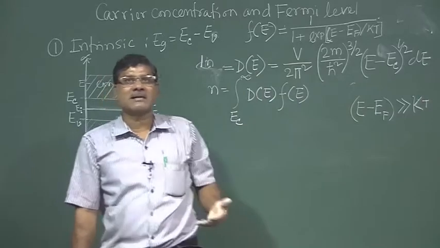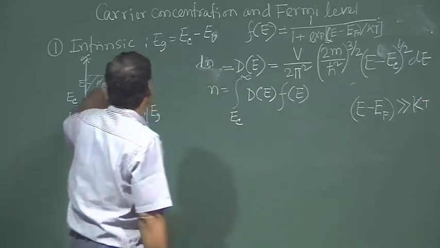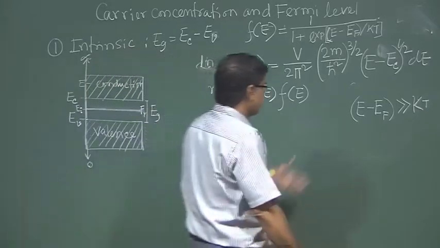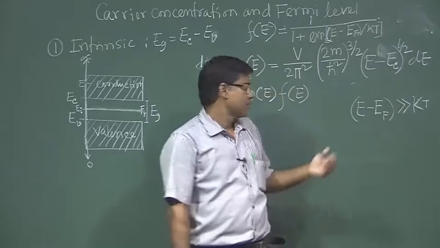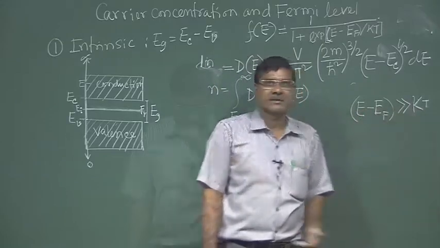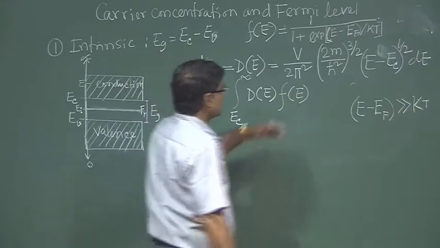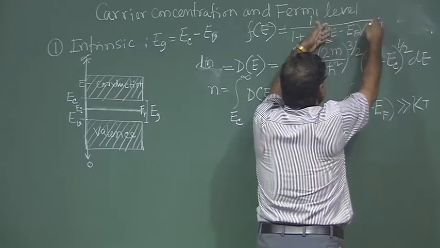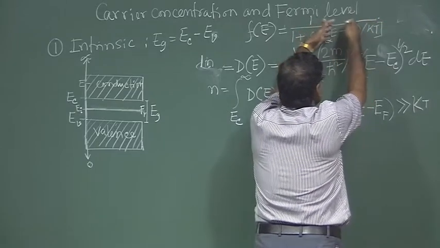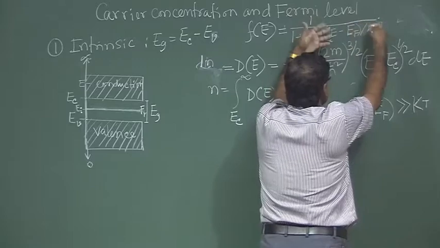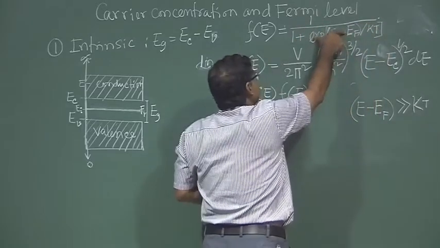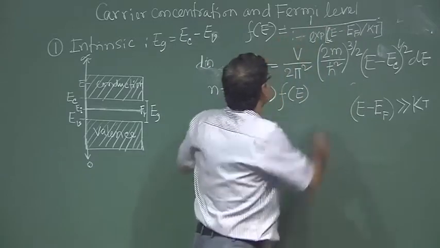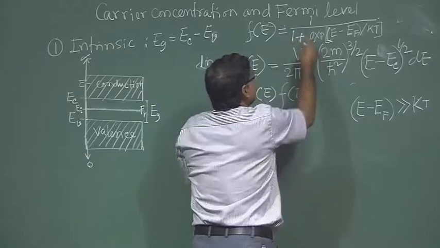If it is equal to or less than kT, all electrons will easily go to the conduction band. But if the temperature is such that E minus EF is very, very greater than kT, that means this exponential term is very high, quite high compared to the 1. So, I can neglect 1.